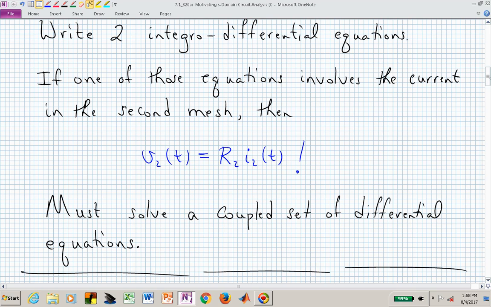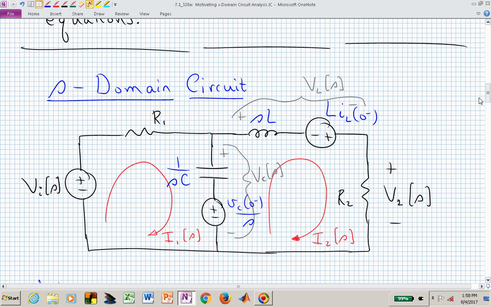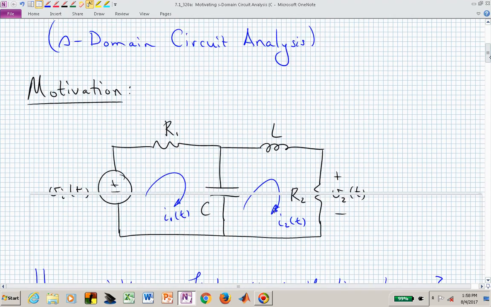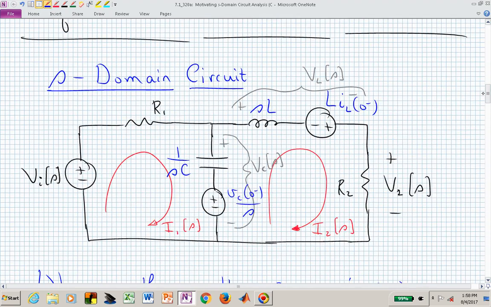What I want to do now is show you how we can write down by inspection. When we start with this particular circuit, we can immediately write down an equivalent circuit in the S domain, in the frequency domain, that is given as follows. We'll develop how this happens in a minute, but I just want to show you that it looks structurally like what we had before.